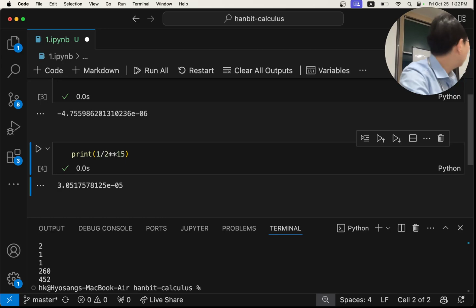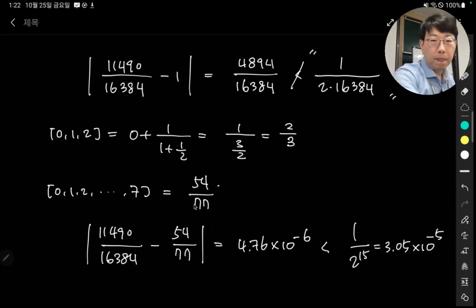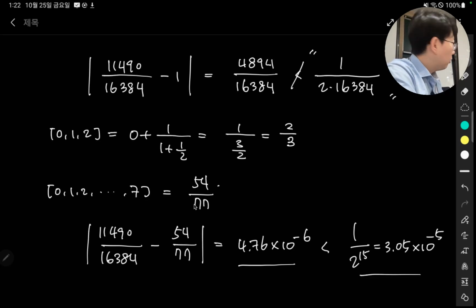So actually it's less than. So here we have 54 over 77, which gives approximately the error between these two numbers as something times 10 to the minus 6, but 1 over 2 times 2 to the n is a little bit bigger than the error here.